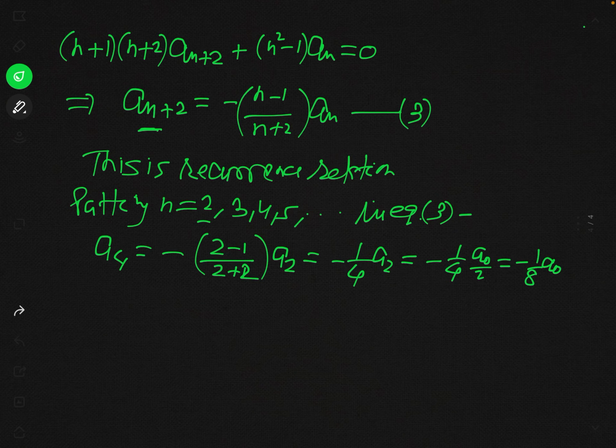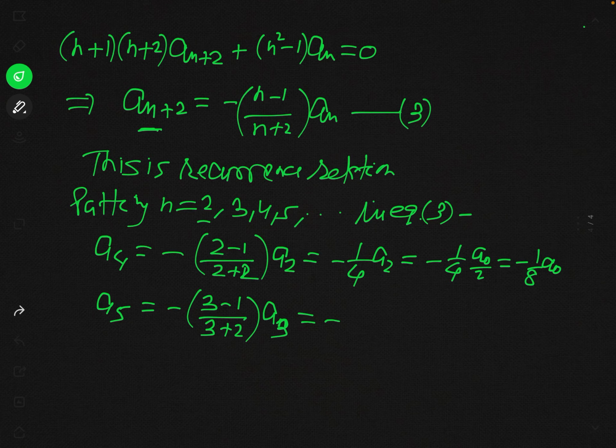Now find the value of a5. For that you can put n equal to 3. When we put n equal to 3, this will be a5, and the result will be minus 3 minus 1 over 3 plus 2 into an, and n is 3, so this is a3.